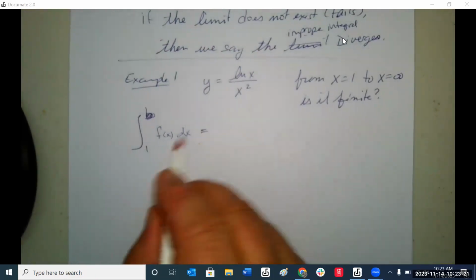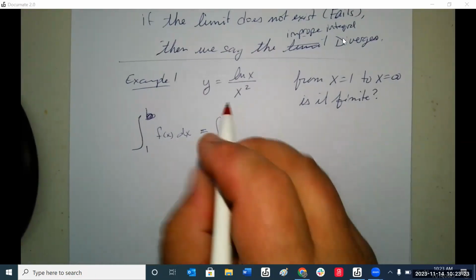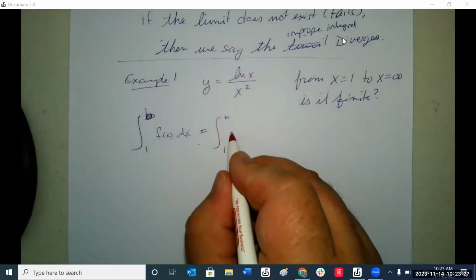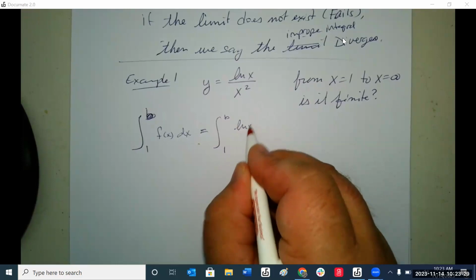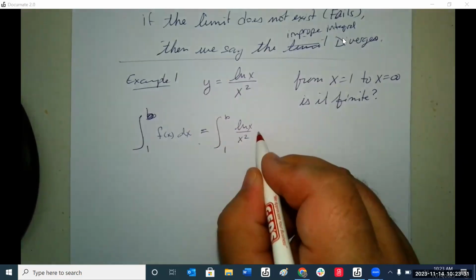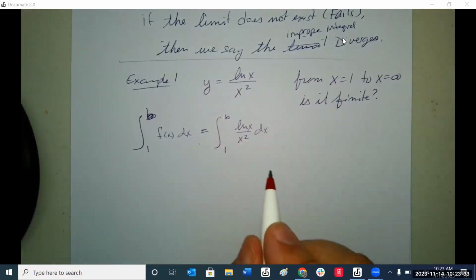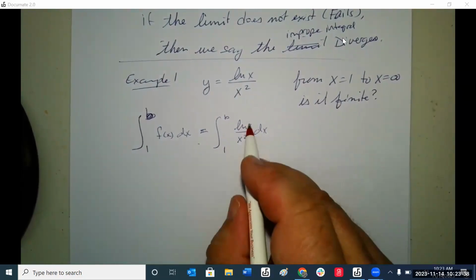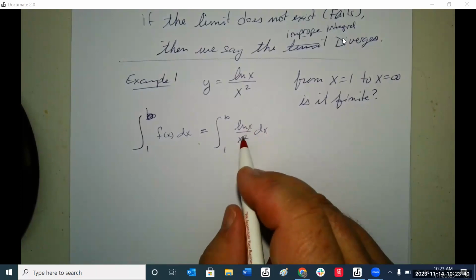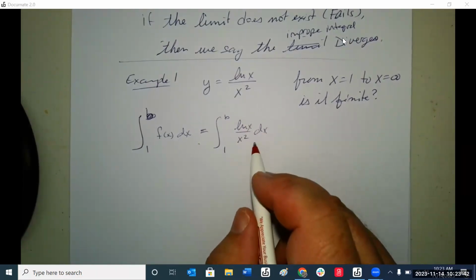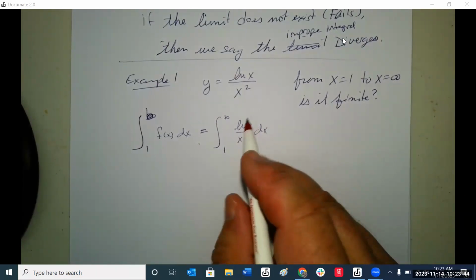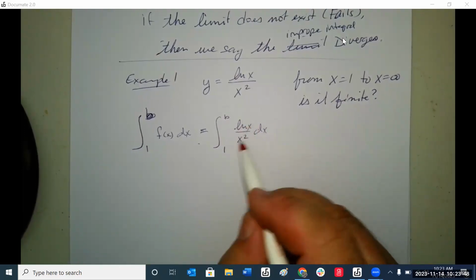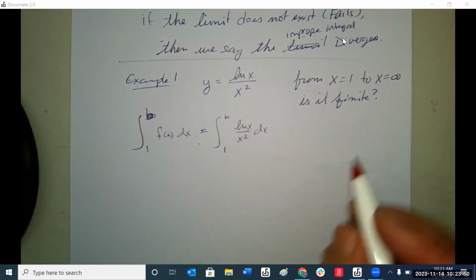All right, so first we have the integral of ln x over x squared dx, which is ln x times 1 over x squared. So we're going to have to use integration by parts because there's no integrals that'll fix this.